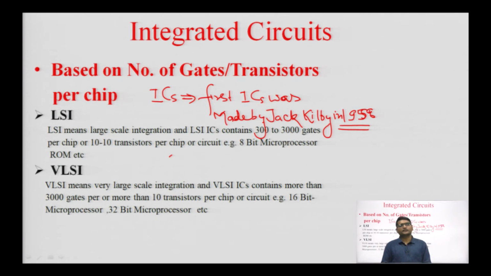We also say that the father of ICs is Jack Kilby. In the year 2000, Jack Kilby was awarded the Nobel Prize for giving the concept of the integrated circuit, IC.